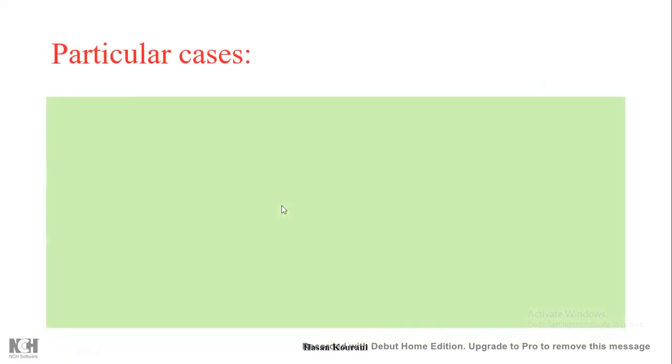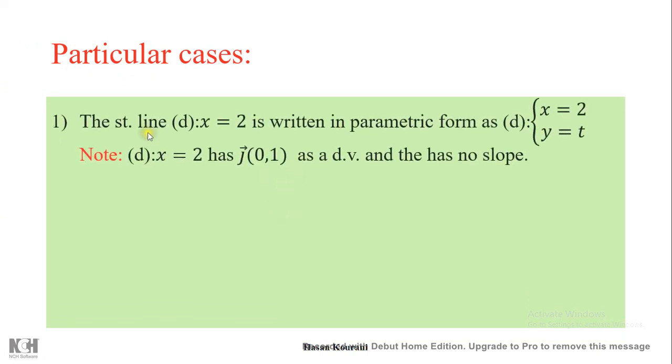Particular cases: if a straight line has the form x equals constant, x equals 2, and this is a reduced form, then in parametric form we can write x equals 2, it keeps constant, while y, since we don't have y, as you saw in the graphical discussion before, is in fact variable.